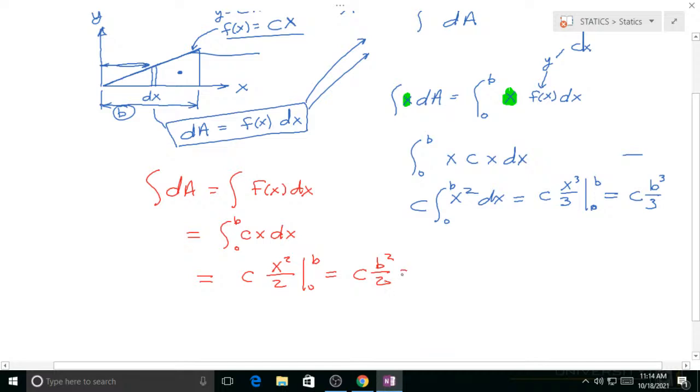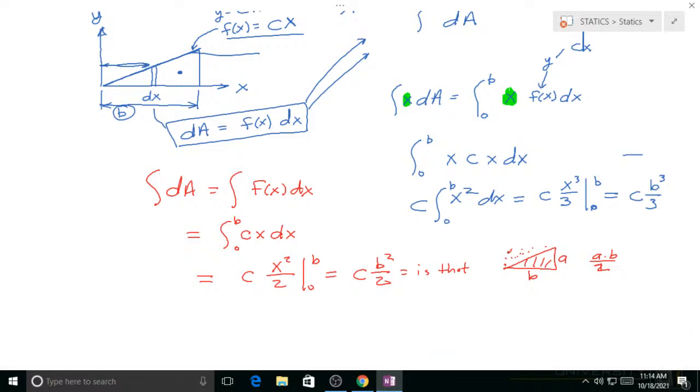So now the question is, if I have a triangle, and this is b and that's a, the area of this triangle has to be a times b over 2, because I lost the upper half. Let's see if that's right.